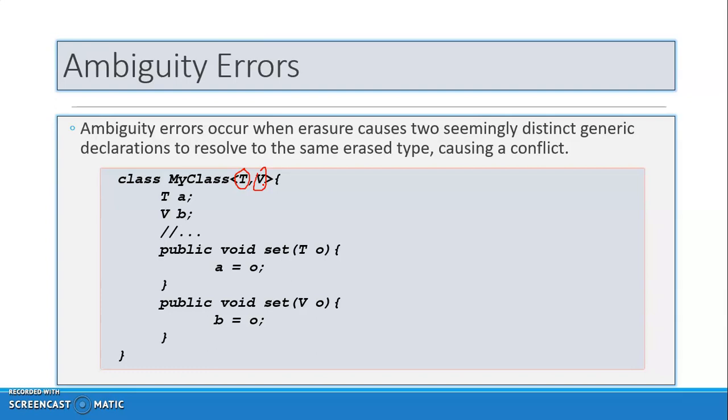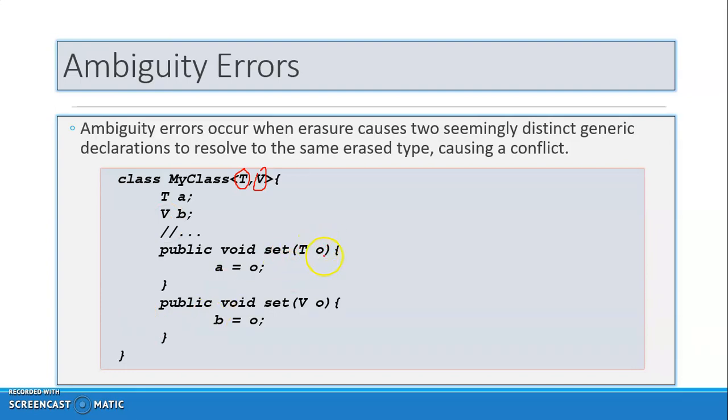So here we are declaring A to be of data type T and B of data type V. You may think you are declaring them using two different types, but who knows? Here we are setting it.